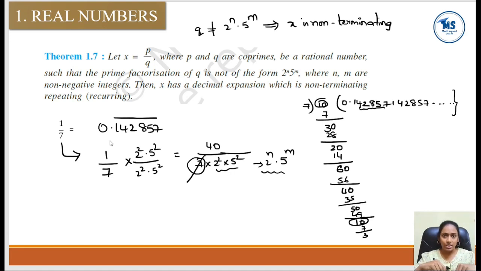Then the last theorem says that if the denominator q in a rational number p by q cannot be written in the form of 2 power n into 5 power m, the rational number x is non-terminating, repeating.